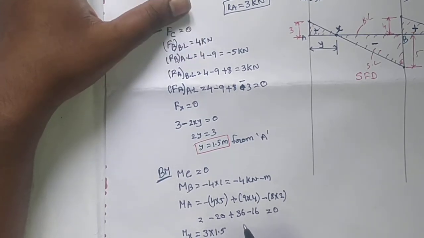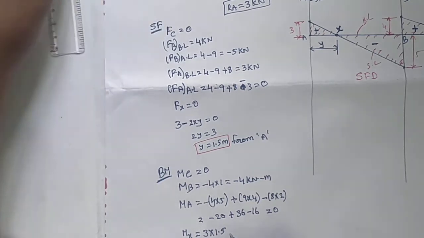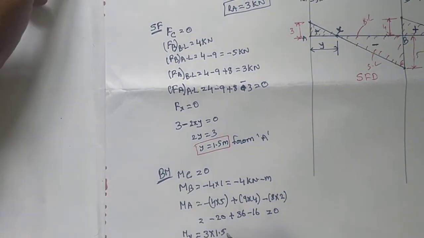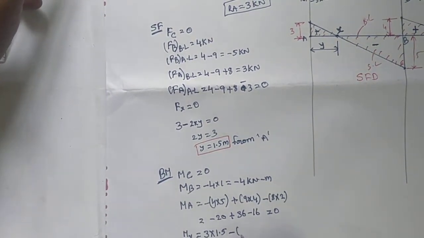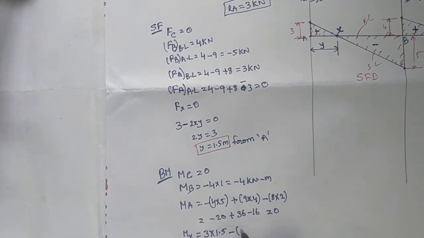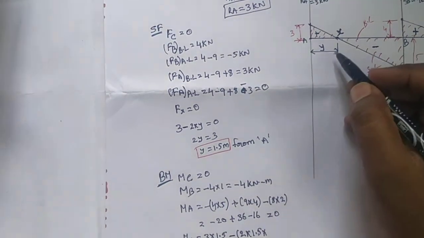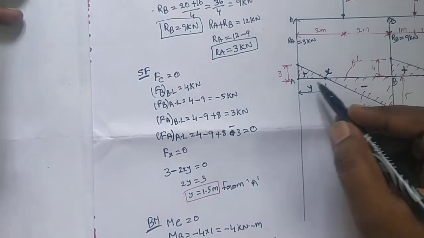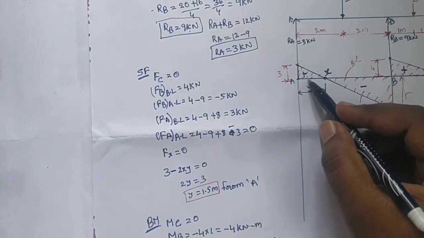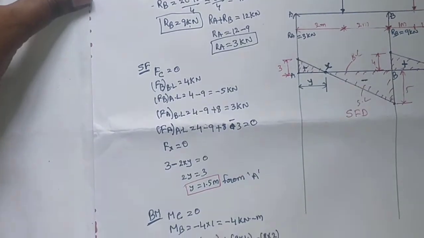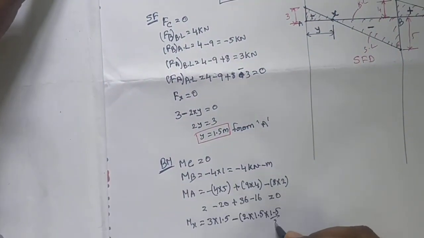Next, the load is 2 kilonewtons per meter. It is acting anti-clockwise, and anti-clockwise is negative on the left side, that is 2 into 1.5, and this load is acting at the midpoint of A to X, so it is taken as 1.5 by 2.